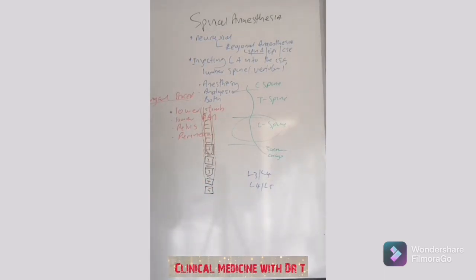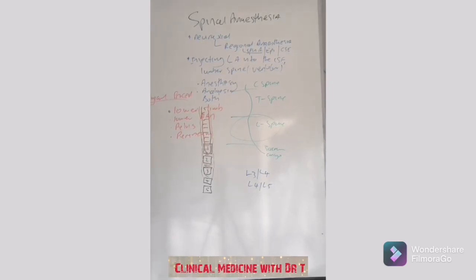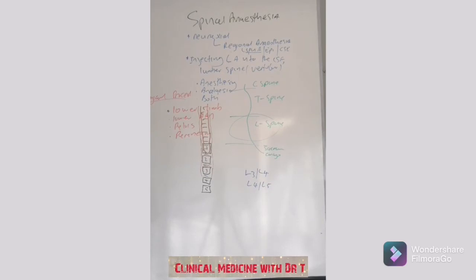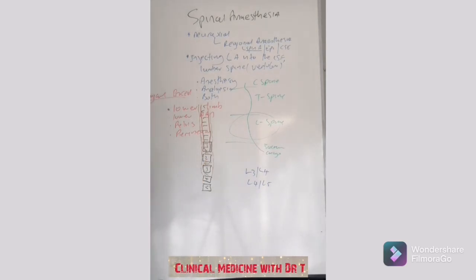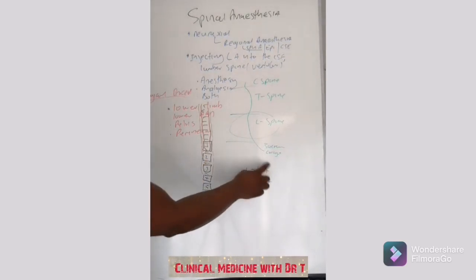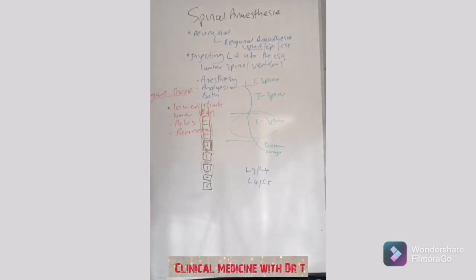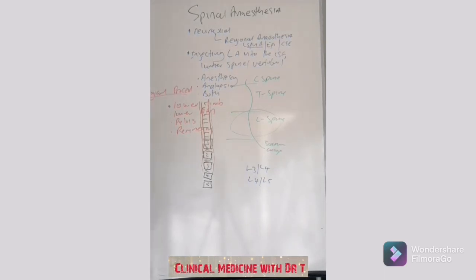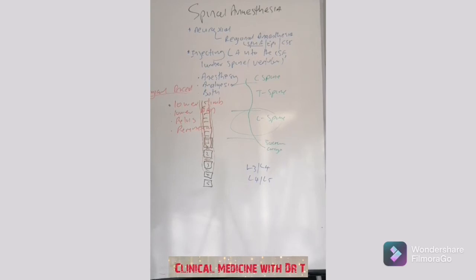So your three layers, your dura, your pia mater, and your arachnoid continue to be there with the CSF. So going higher than these two levels will result in the injury of the spinal cord itself.